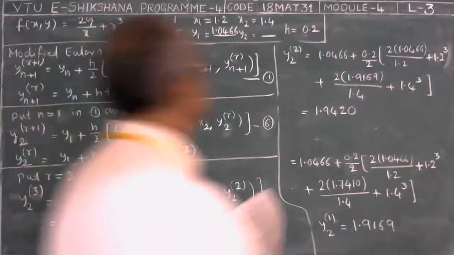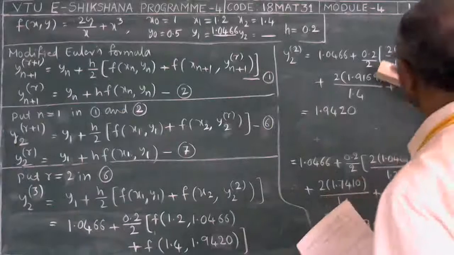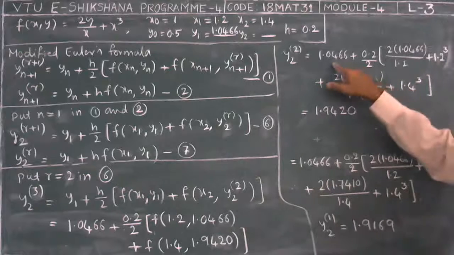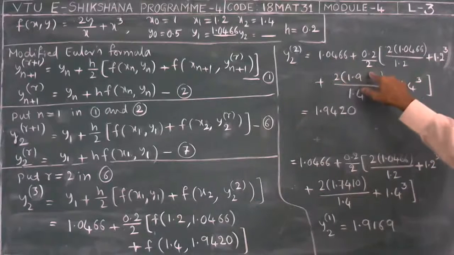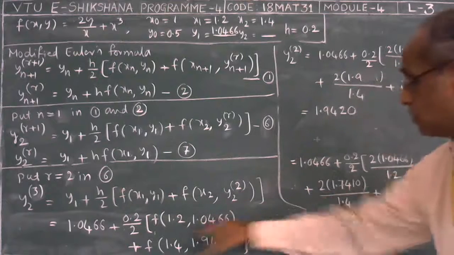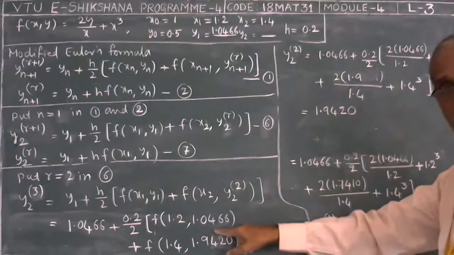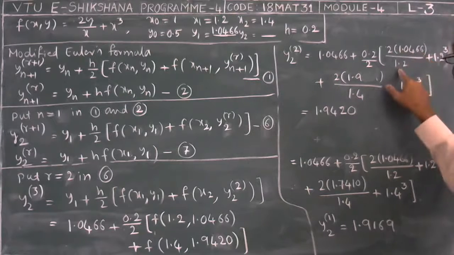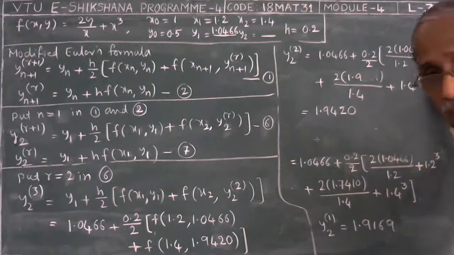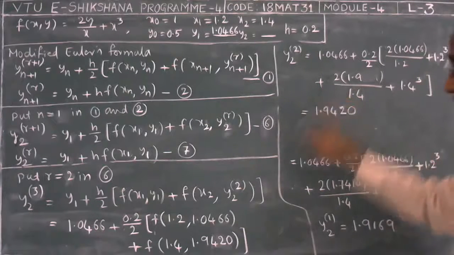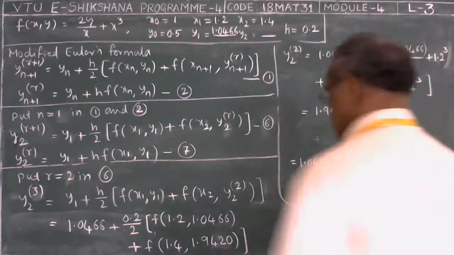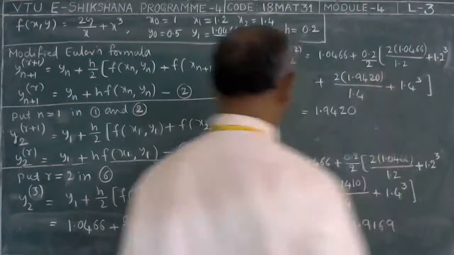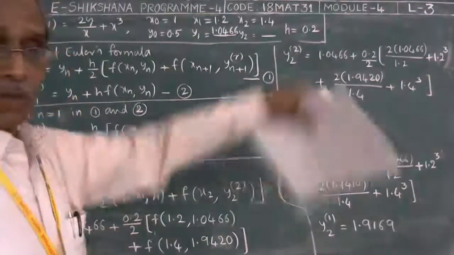Then apply the definition: 1.0466 plus 0.2 by 2 into f of 1.2 comma 1.0466, which is 2 into 1.0466 divided by 1.2 plus 1.2 whole cube, plus 2 into 1.9420 divided by 1.4 plus 1.4 whole cube.